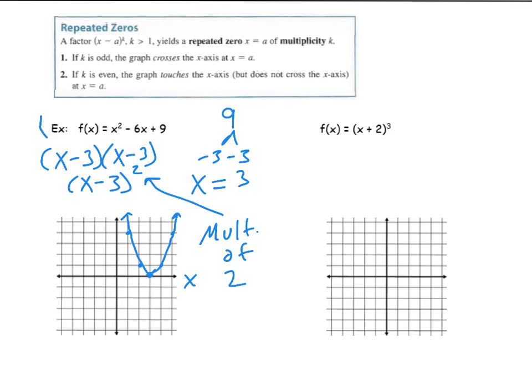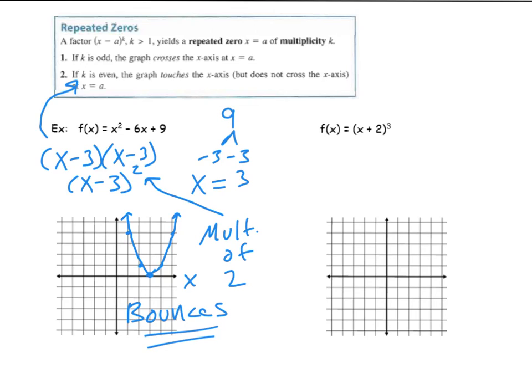What's going on in this example is property number 2, okay? You may also use this term. But we'd say at that 0, the graph bounces, okay? It just comes down. There is a 0 right there, but normally what we expect is what we're going to see in property number 1, where the graph crosses, and it goes from a positive graph to a negative.